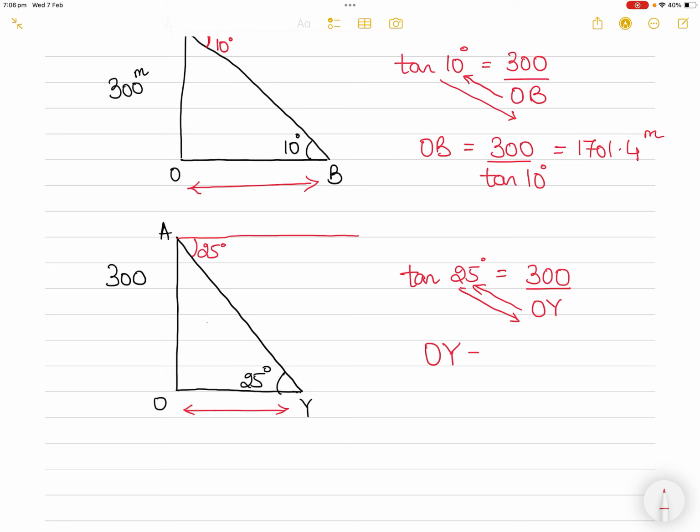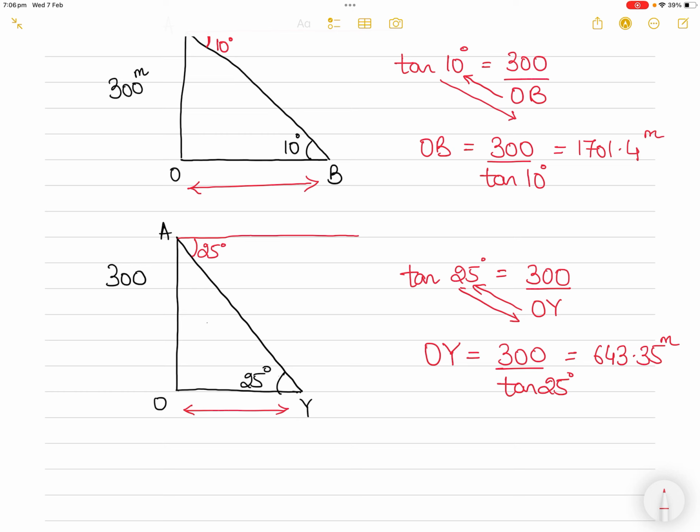So OY comes on the left hand side and 300 divided by tan of 25 comes on the right hand side. You can straight away put these values in the calculator. 300 divided by tan of 25 will give you 643.35 meters. Alright, so we have found out the distances of the two objects, yacht and boat, from the cliff.